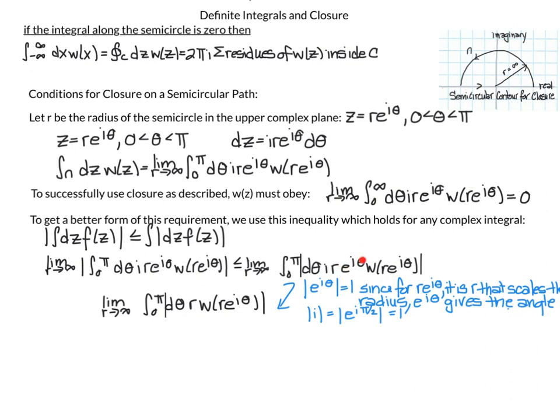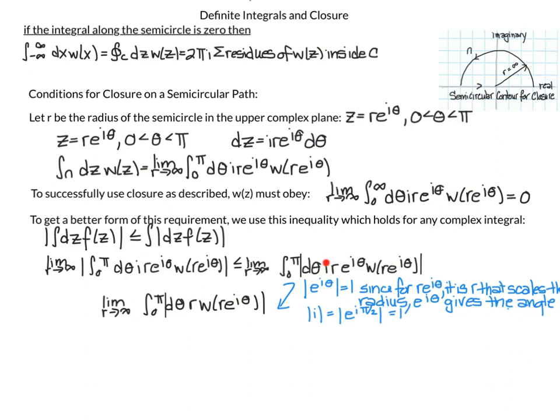So e to the i theta is a position on the unit circle, so its magnitude is going to be 1. Similarly, the representation of i is e to the i pi over 2, pi over 2 radians from the real axis. And the magnitude, again, since we're placed on the unit circle, is equal to 1.